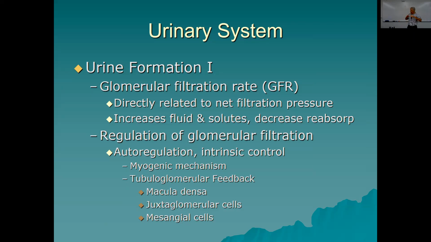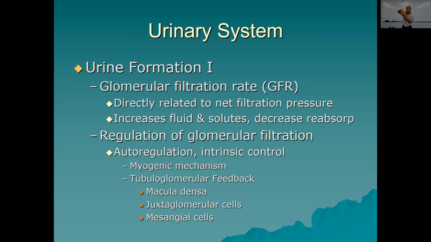So I'm going to talk about how this thing works, how it senses something, which is going to be sodium concentration of the fluid in the distal convoluted tubule, and how it's going to cause a change in size of the afferent arteriole. And right now I'm going to tell you that really the regulation of GFR is all dependent upon the diameter of the afferent arteriole. They all affect that diameter.